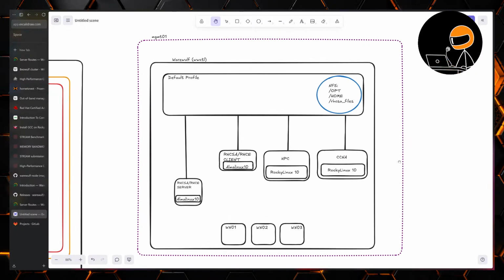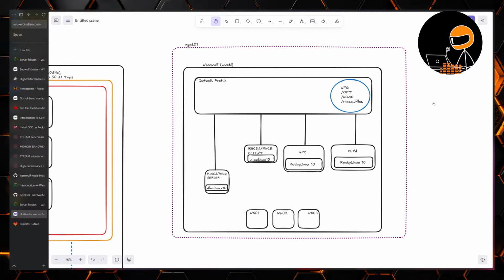Now, the profiles are baked images. If I want to add anything to a specific server, I'd have to do that with an overlay. I could do that to a server or a cluster of servers.